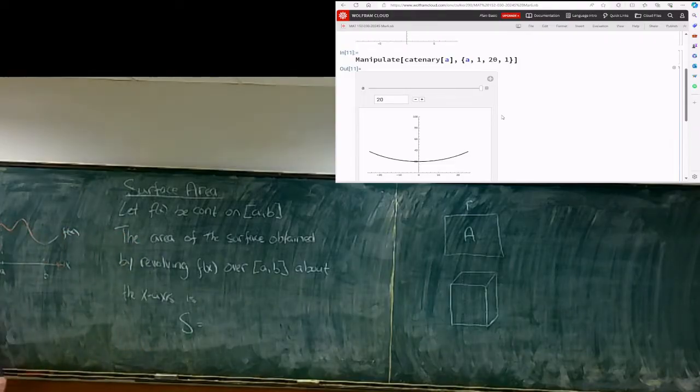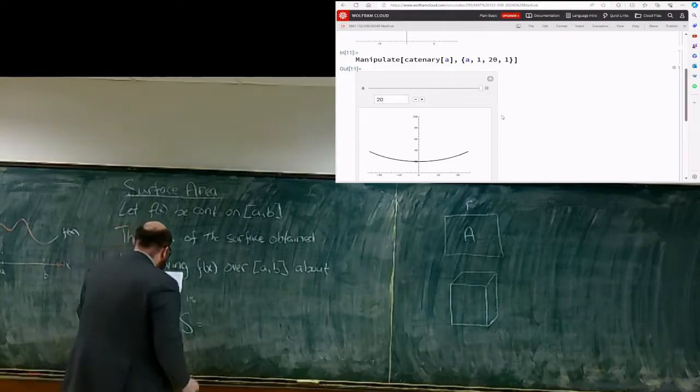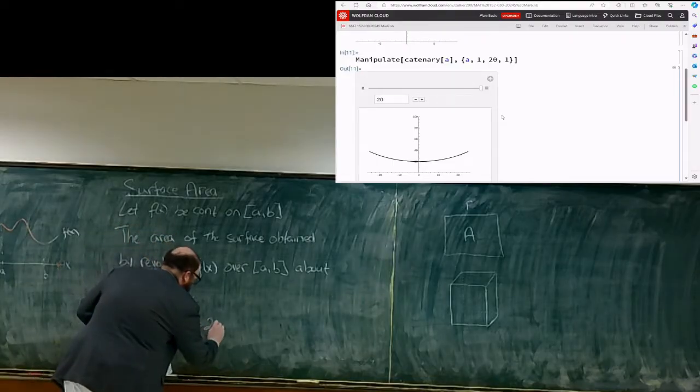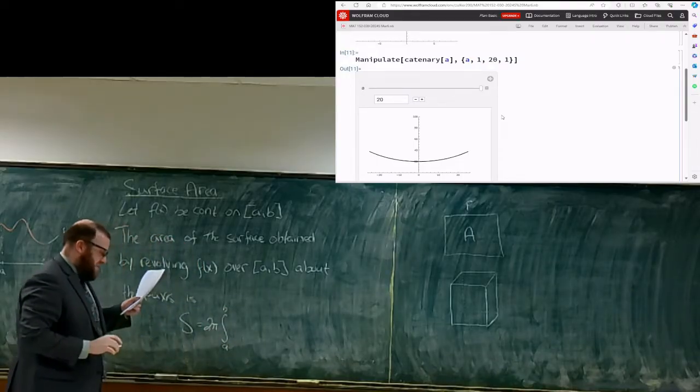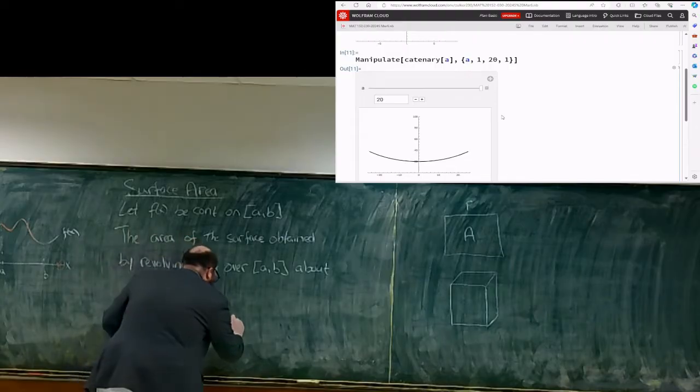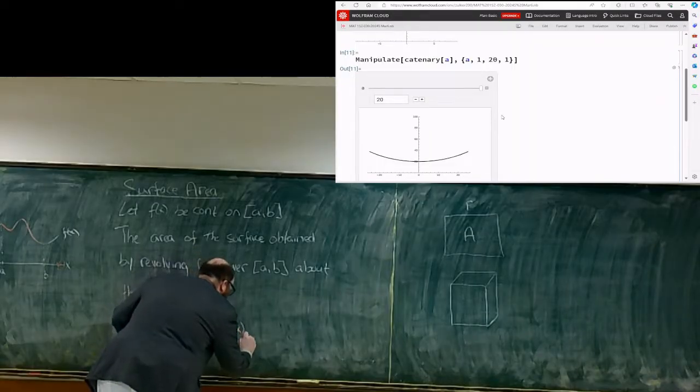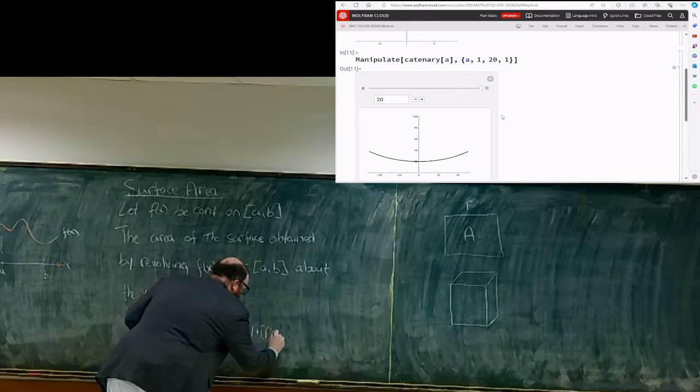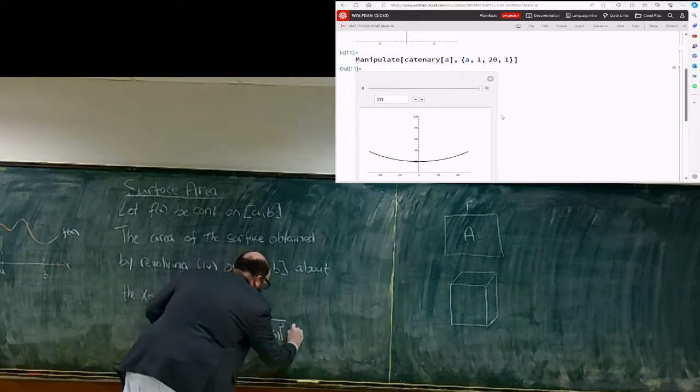So I'm going to try and distinguish my S's from my integrals by putting lines. It's 2 pi times the integral from a to b of f of x times the square root of 1 plus f prime of x squared.